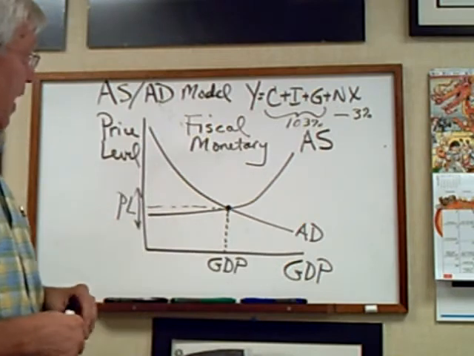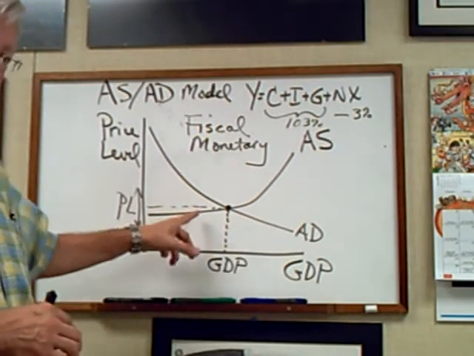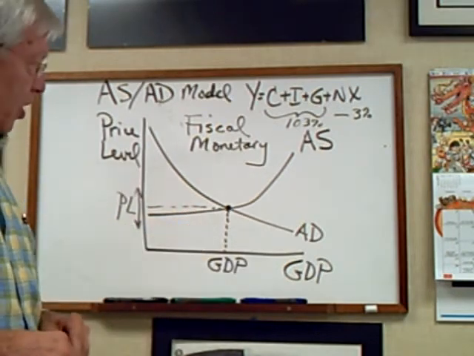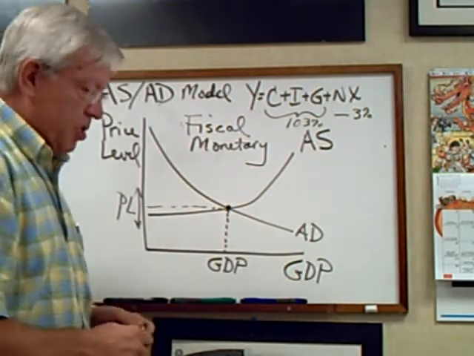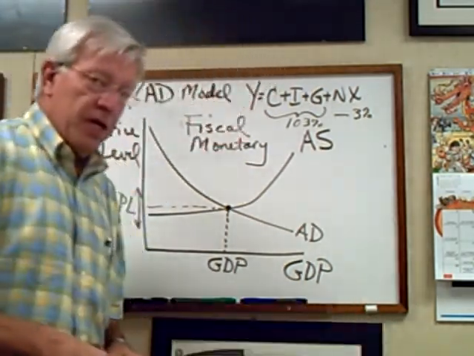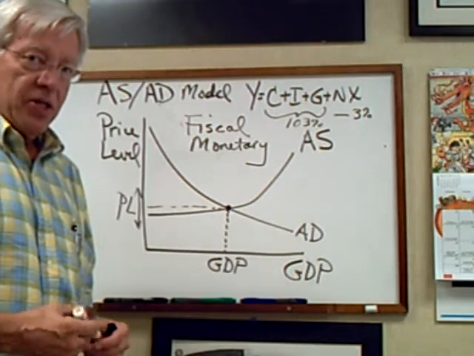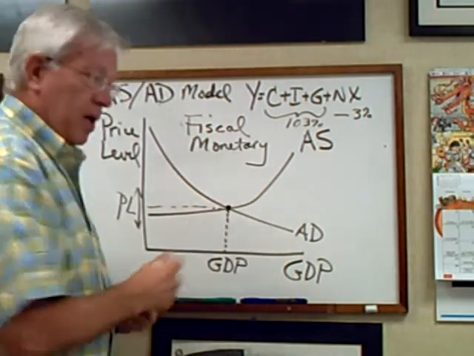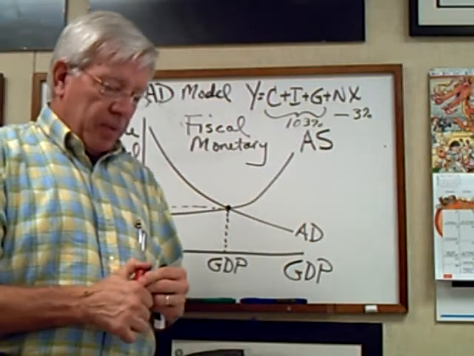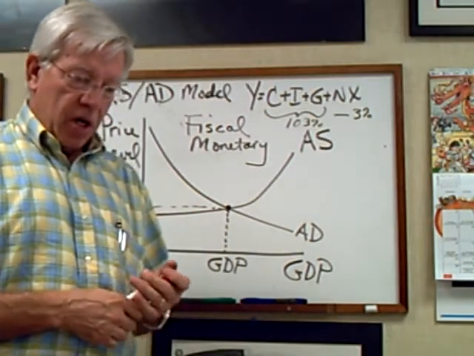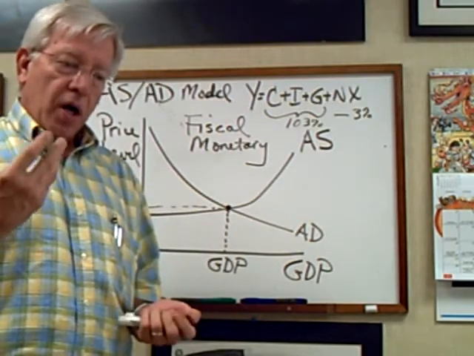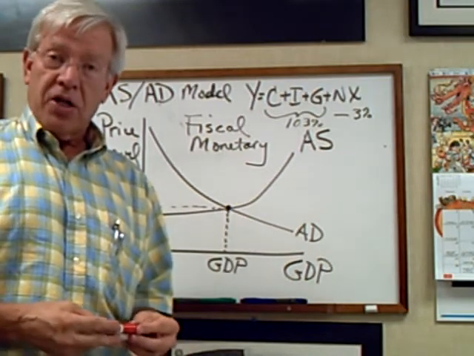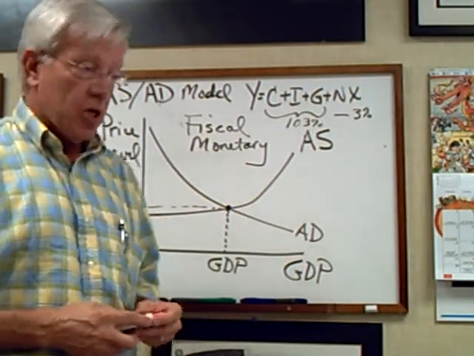So the aggregate supply, aggregate demand model tries to give us a picture of the overall economy and the influence of the various policies that can be instituted within the economy. Currently, the talk is of trying to eliminate some of the tax cuts that were instituted several years ago.